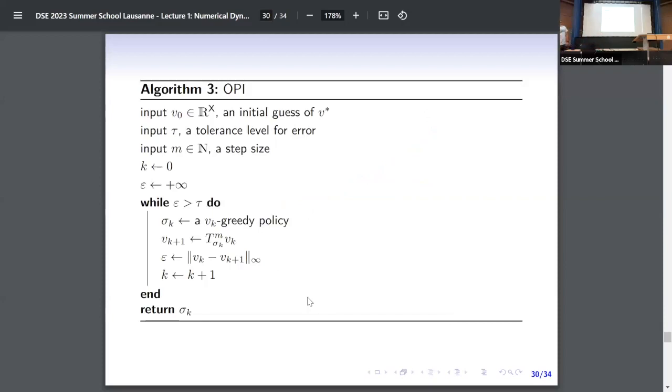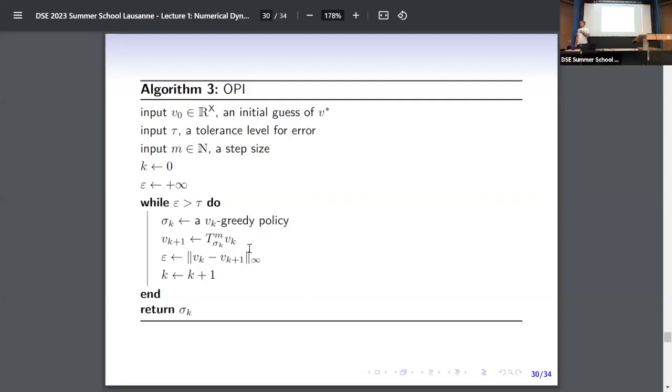Okay, the other algorithm that we look at is optimistic policy iteration. Maybe I'll tell you what it is. I think I described it as a convex combination of value function iteration and Howard policy iteration. That's roughly what it is. So think of Howard policy iteration. I've got a V_k, I take the greedy policy. Now, after I take the greedy policy, I'd compute its lifetime value.